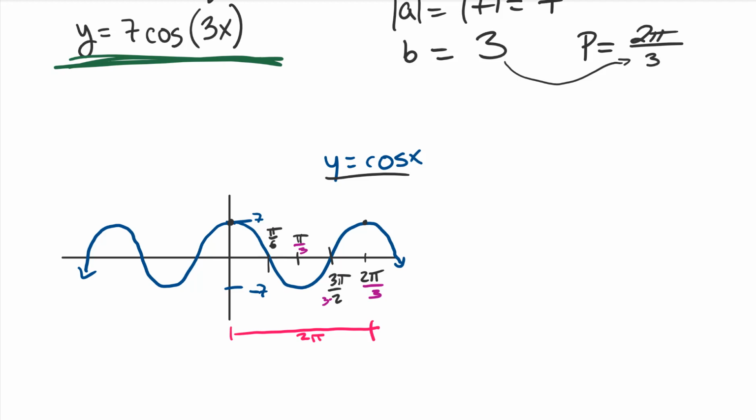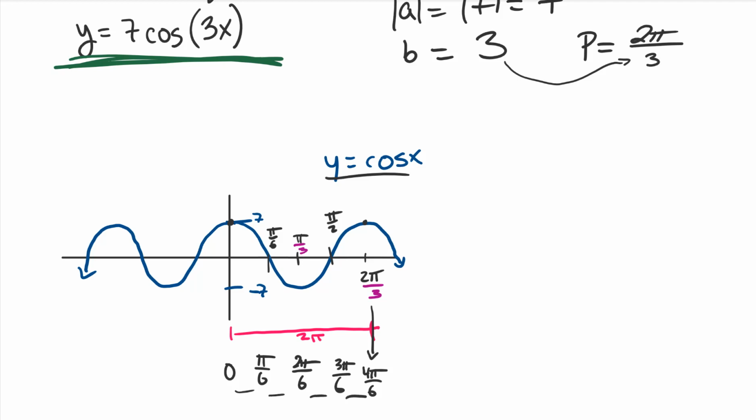So pi over 6, then pi over 3, then the 3's just cancel out right there. And we get just pi over 2, all the way up to 2 pi over 3. So this number here is 4 pi over 6. This one's 0. This number there, you get pi over 6. You get 2 pi over 6. And you get 3 pi over 6. All gaps of pi over 6.